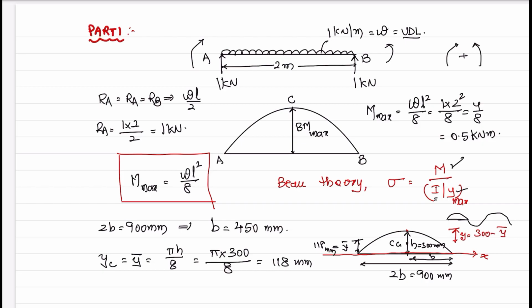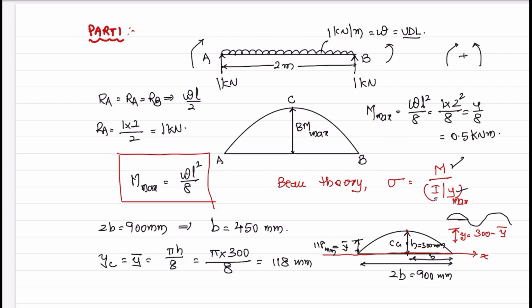For understanding this, you please refer to my previous lectures. This is the point where vulnerability is more, at the maximum fiber. Vulnerability is the highest. That is 300 minus y bar.